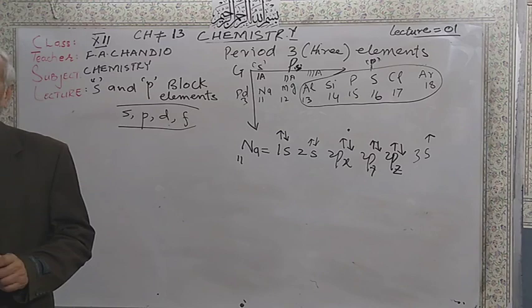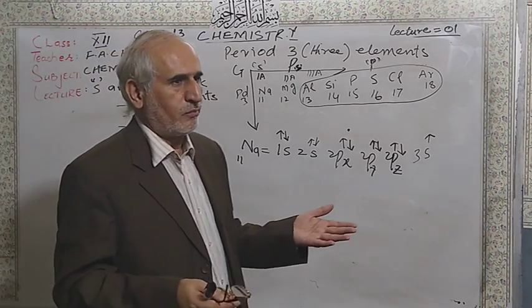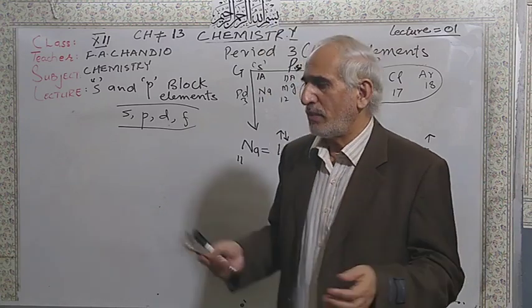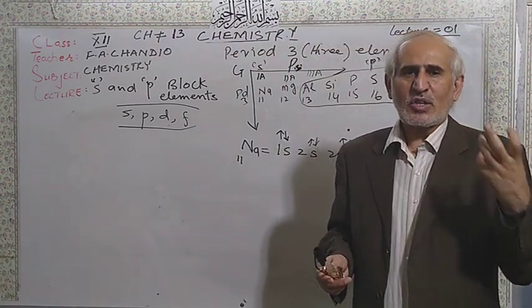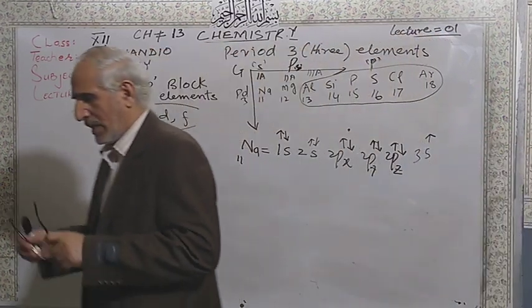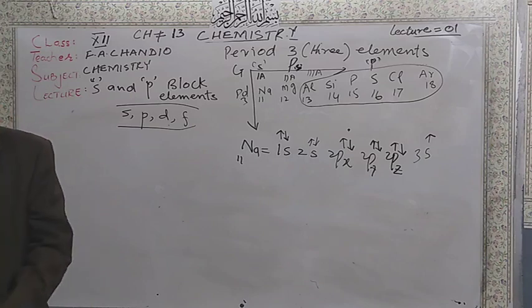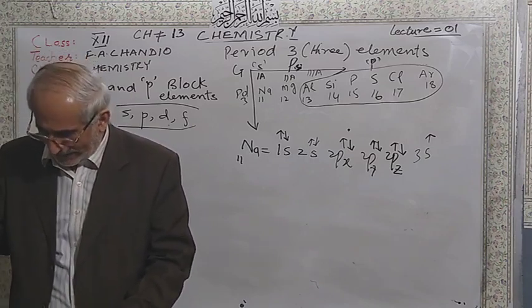Now students, if you open your book, there is a very good feature in this book. Side by side, questions are asked. Quick quiz. The question is: the electronic configuration of magnesium.